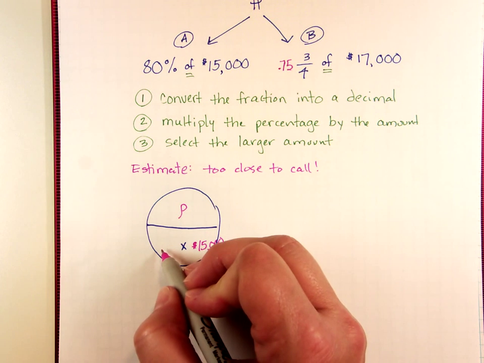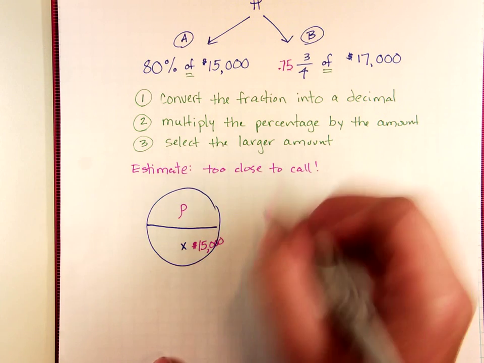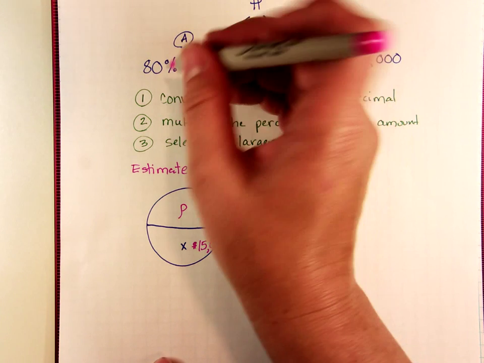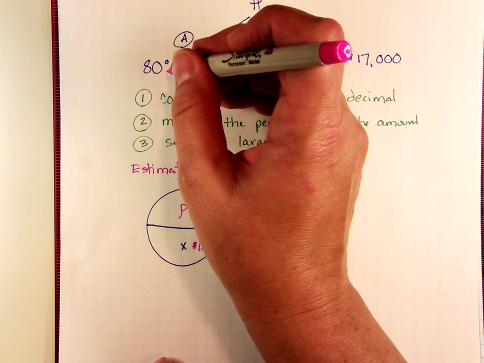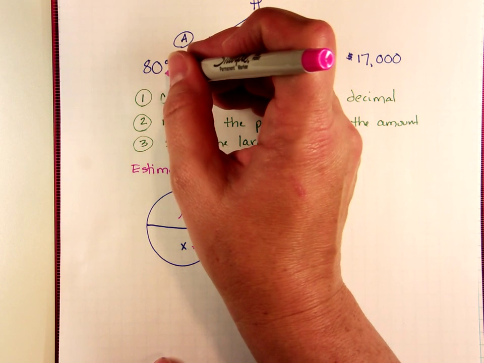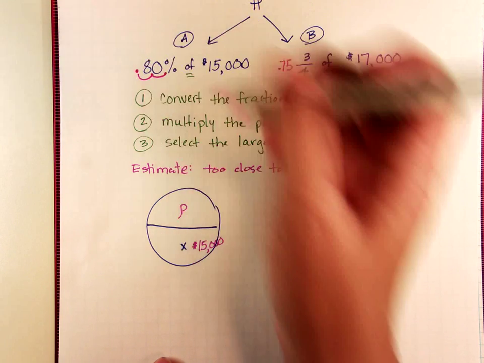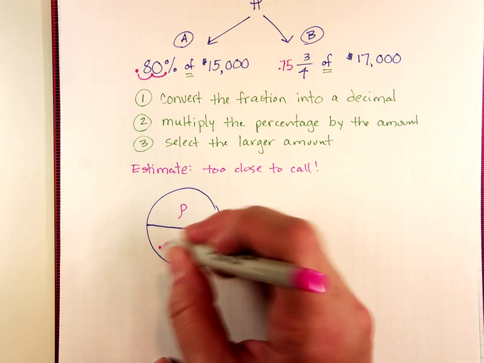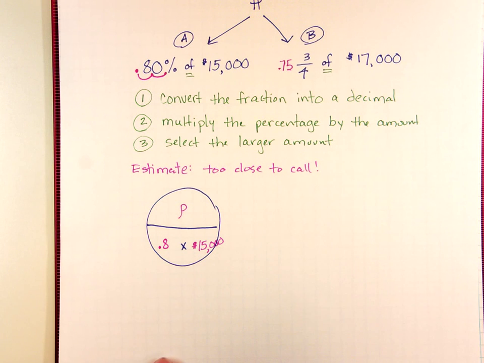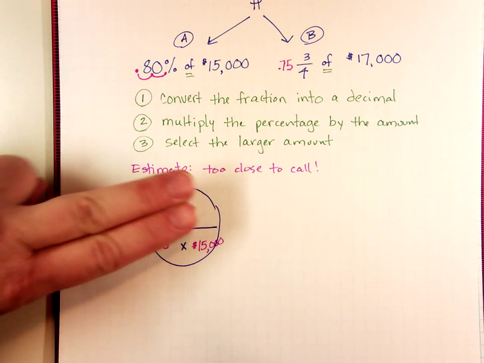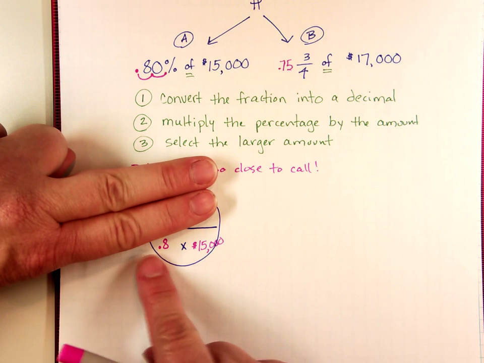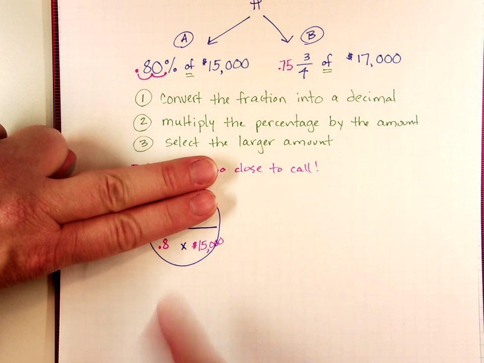Now we get to put a percent here, but it has to be in the form of a decimal. This is 80%. You can't do the multiplication problem with the percent sign attached to it. You have to kind of unravel it. You go 1, 2. Move the decimal 2 places to the left, and you get 0.8. So cover up what you want to find, and your operation is revealed. 0.8 times 15,000.